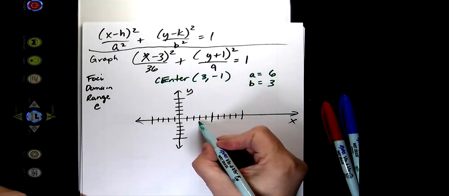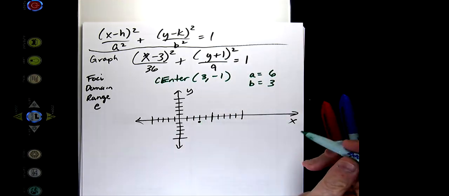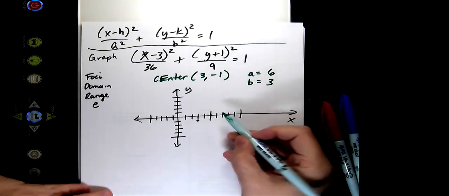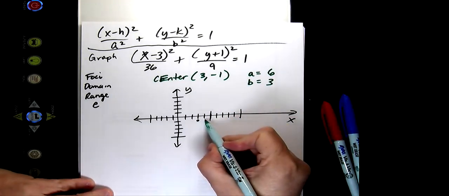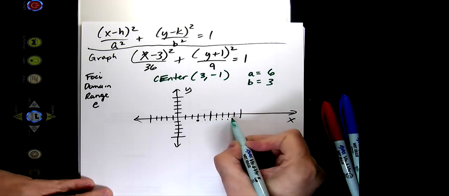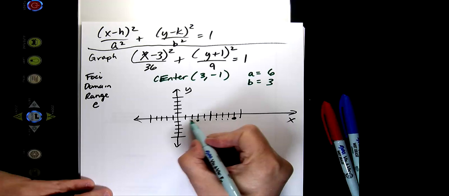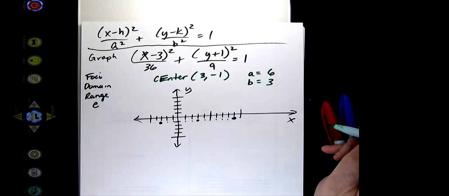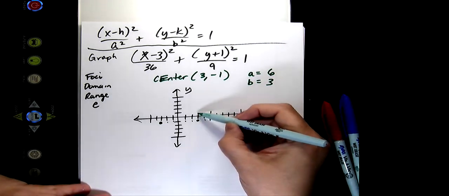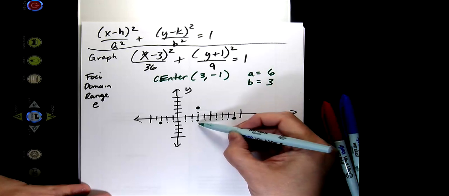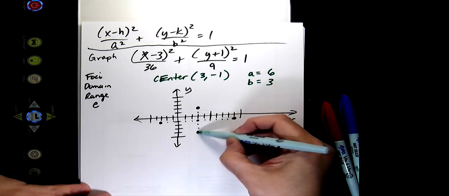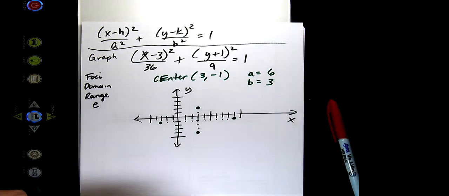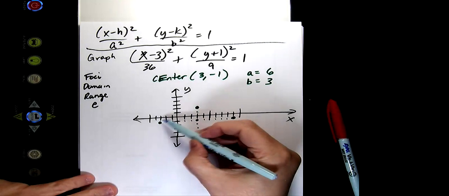My center is at 3, -1, and I'm just going to put dots on my way to 6. I go right 6: 1, 2, 3, 4, 5, 6, and the same on the left. And then I go up or down 3: 1, 2, 3. And I make a curve.